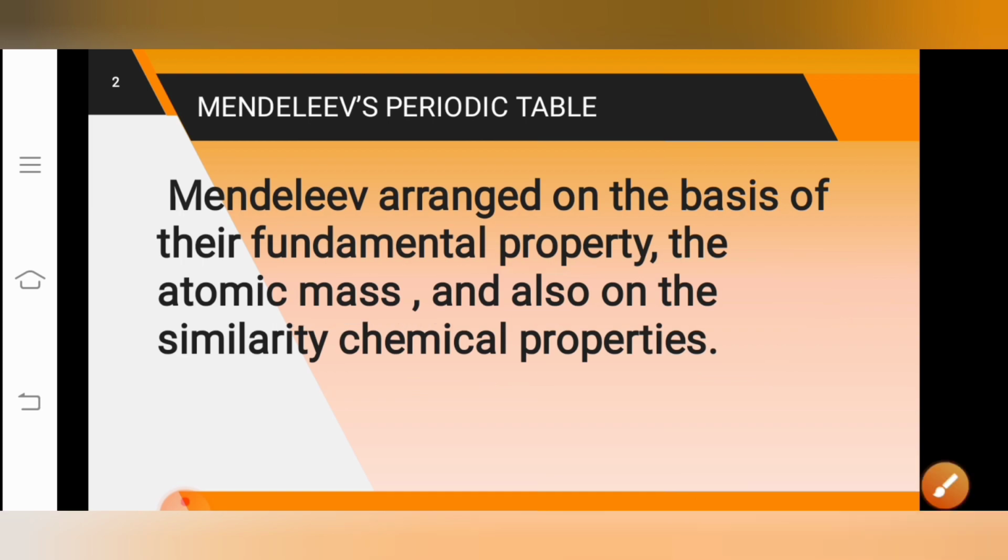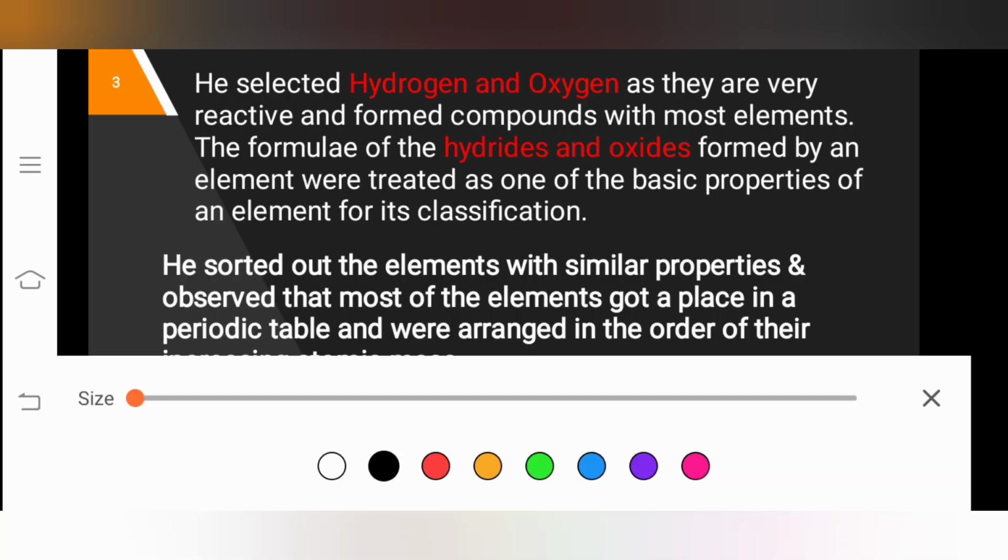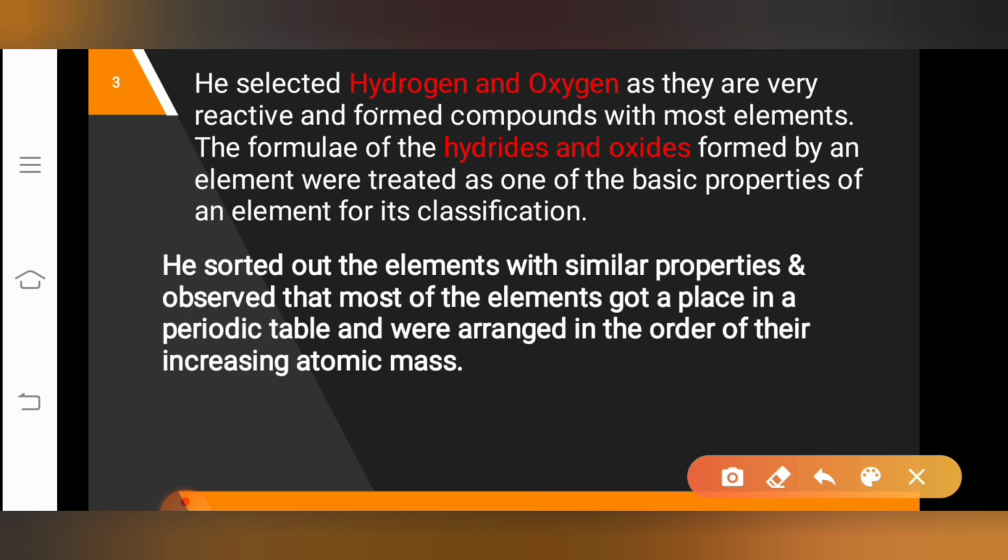For this, Mendeleev selected hydrogen and oxygen for the chemical reaction which he wanted to do with other elements which are found in the periodic table.